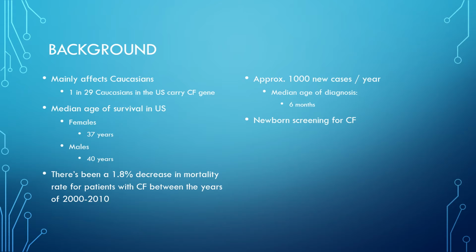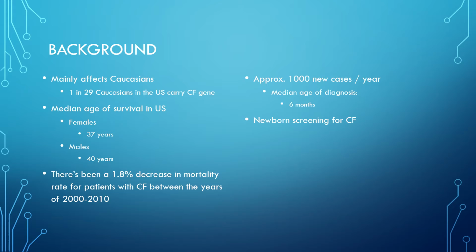About 1 in 29 Caucasians in the United States carry the CF gene. The median age of survival in the United States for females is about 37 years, whereas males live up to about 40 years. Between the years of 2000 and 2010, there has seemed to be a 1.8% decrease in mortality rates for patients with cystic fibrosis.